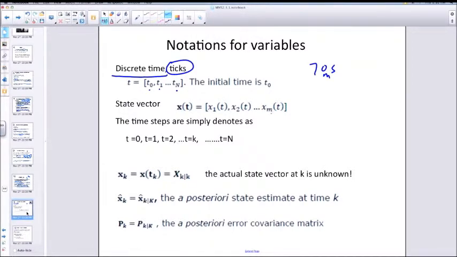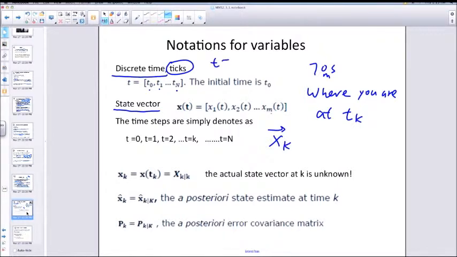Well, then the next concept, that's the key concept, of course, for any robotic navigation, it's called state vector. State vector tells you where you are at tk. So the shorthand is just a vector, put a little k, means your time.